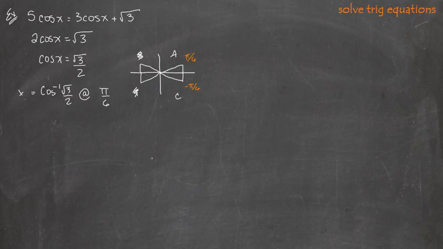So we write that by saying, therefore, x equals pi over 6 plus 2n pi, that's 2 times pi around, n times, or I guess I should say and, I'm not going to use a negative angle.